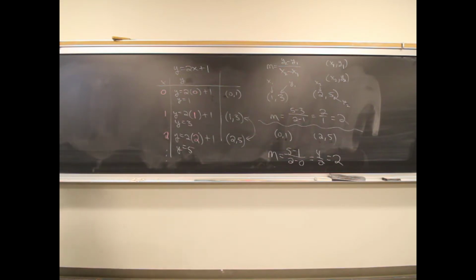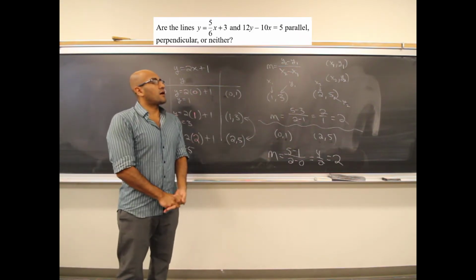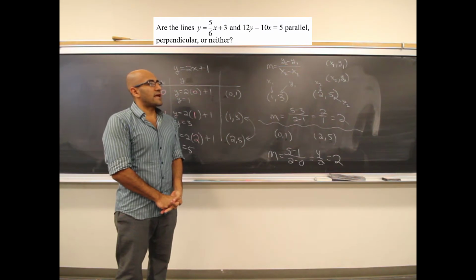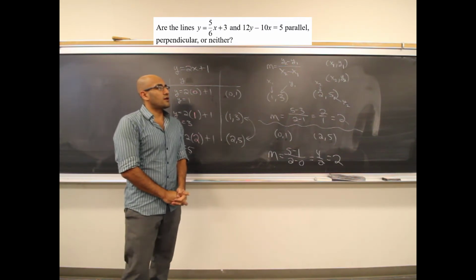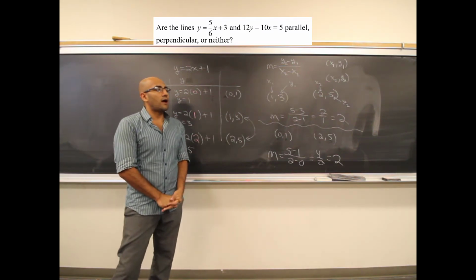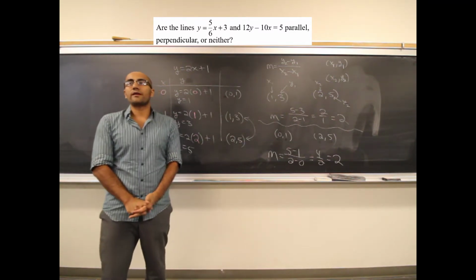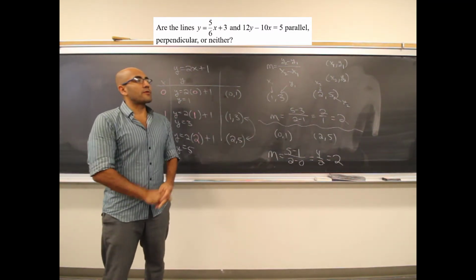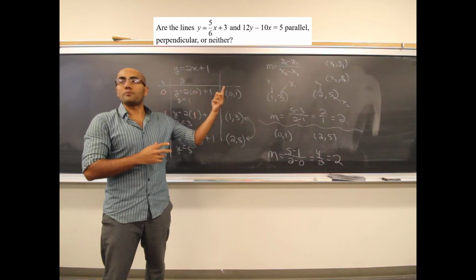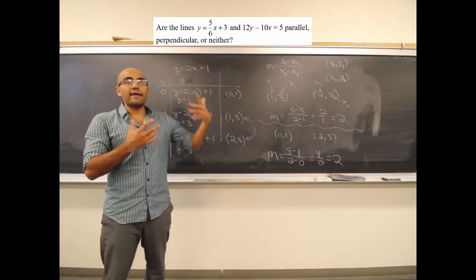So for instance, if we were asked this: are the lines y equals 5/6 x plus 3 and 12y minus 10x equals 5 parallel, perpendicular, or neither? In order to answer that, we need to find the slopes of both equations and then compare them.